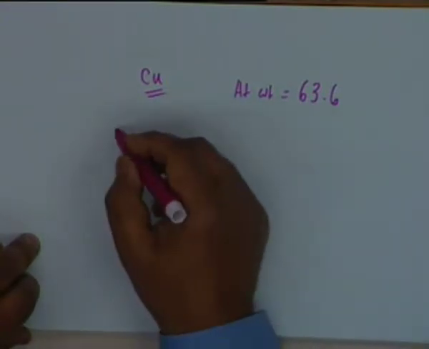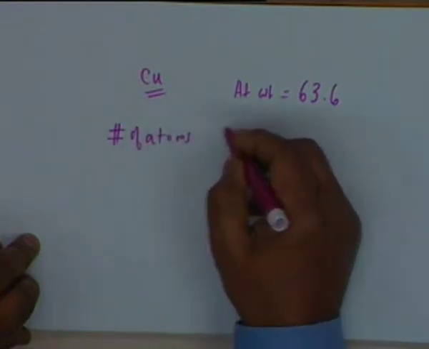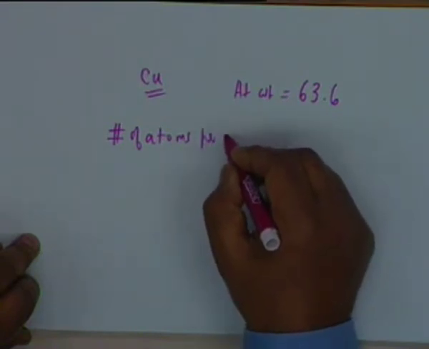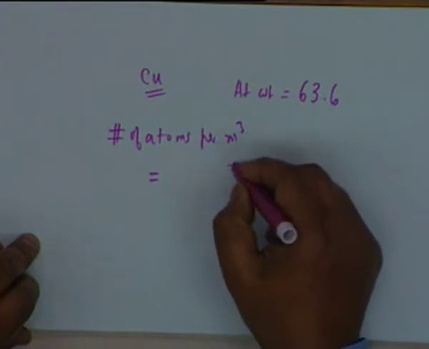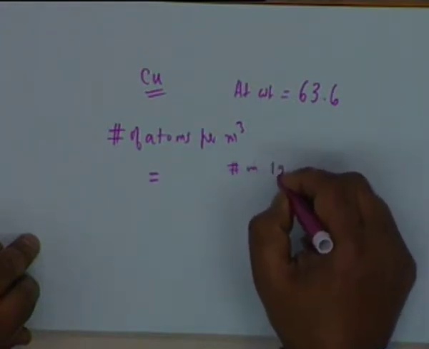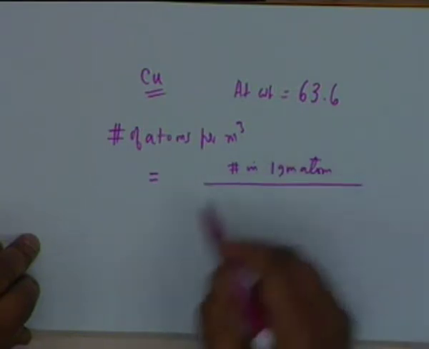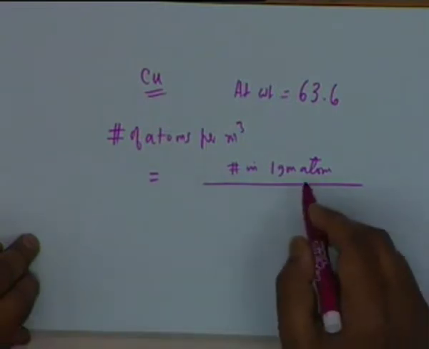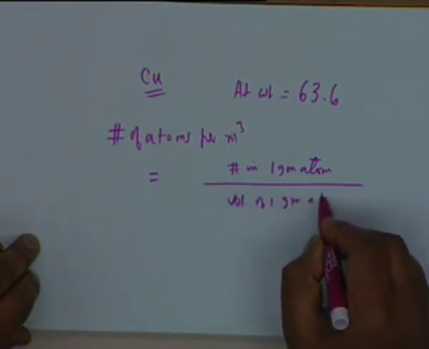So the number of atoms per unit volume of copper, per meter cubed, shall be equal to the number in 1 gram atom. What is this number? This is the Avogadro number divided by the volume of 1 gram atom.